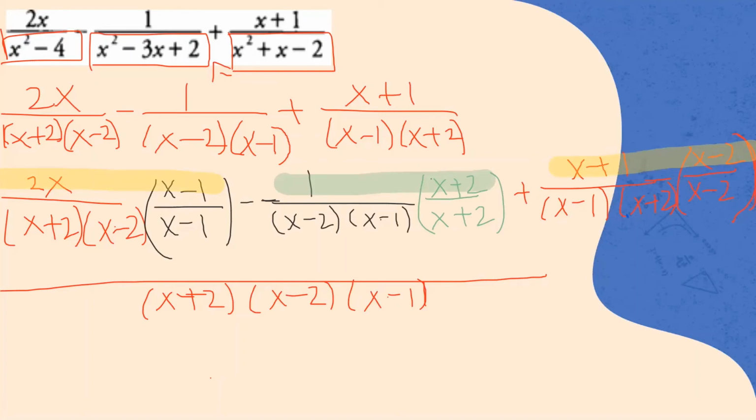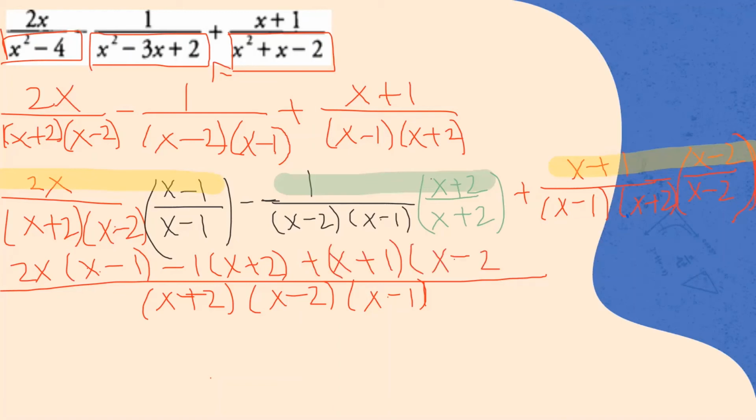So 2x times x minus 1. I'm going to simplify in the next step, but for now, I'm just bringing them down. And then this is -1 times x plus 2. And you have plus x plus 1.